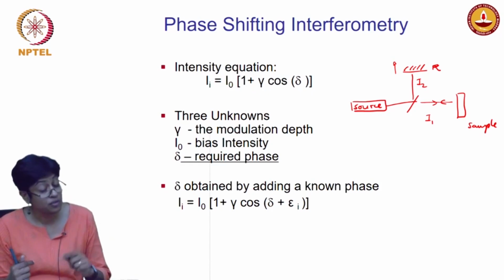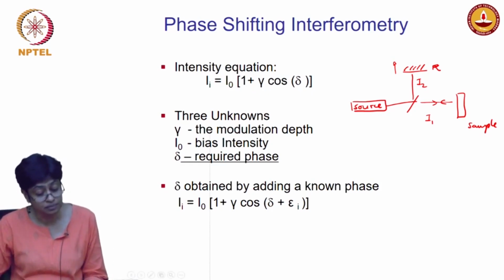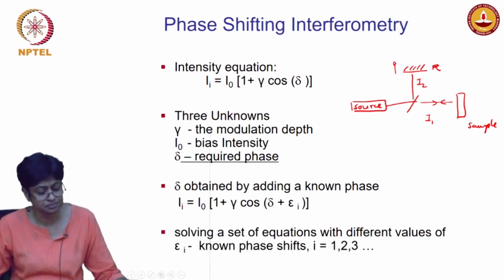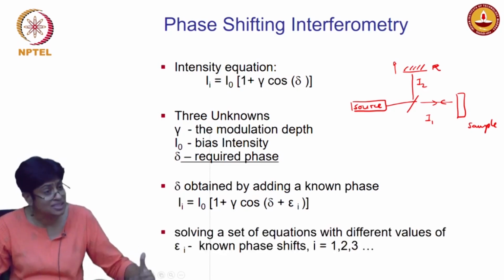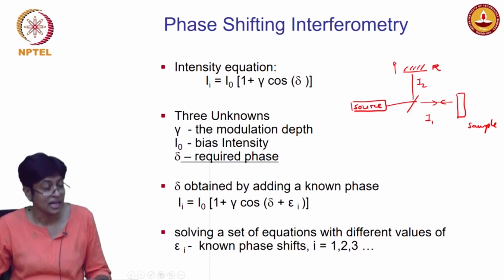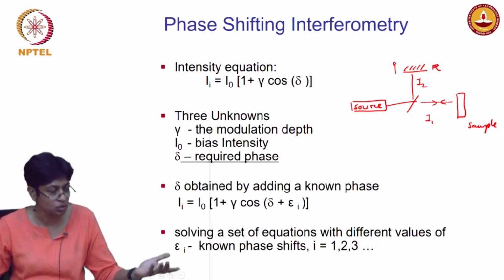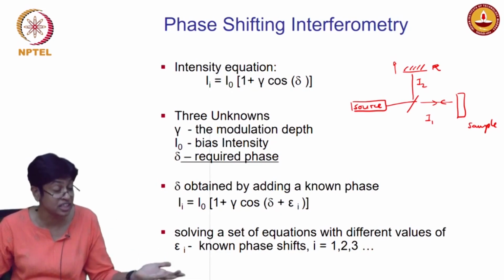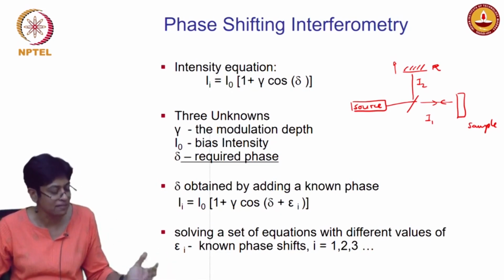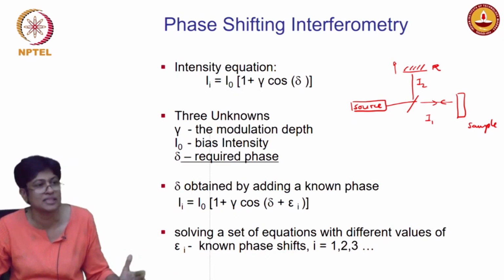So if I make a measurement now, so I have I1, which is this measurement, and I do this repeatedly, I can now get 3 equations. I have 3 unknowns, but I have 3 equations, and then I can solve it, right? I need to have at least that many equations as there are unknowns.